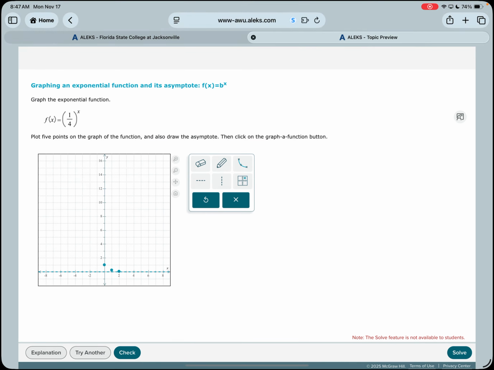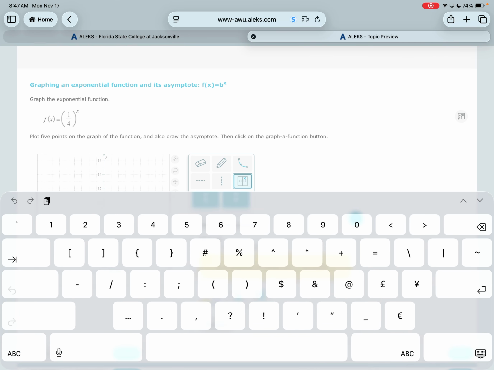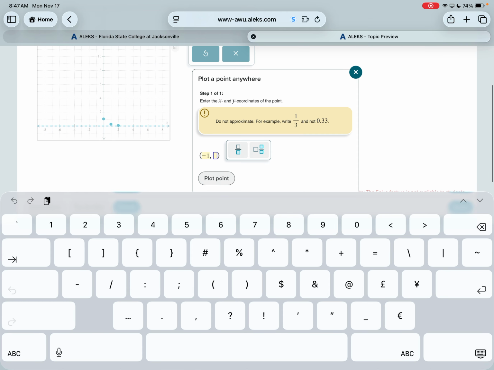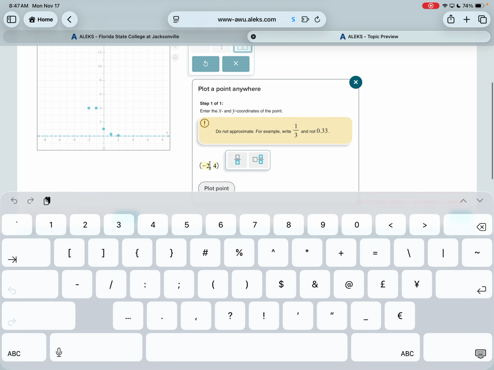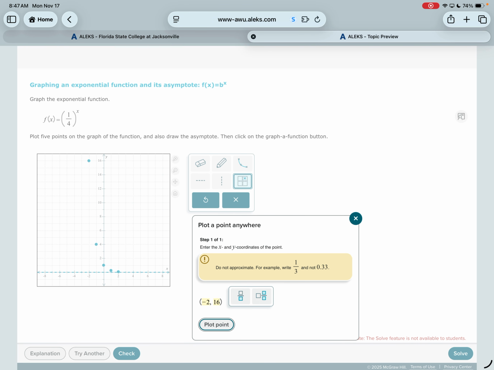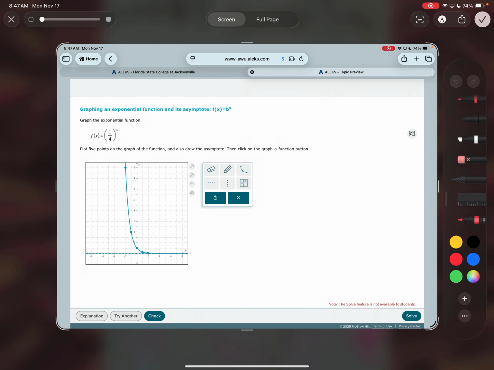My range is my y, my domain is my x. So my domain is how far left to right. So the furthest point left does go to negative infinity because it keeps going to the left and it keeps going to the right forever.